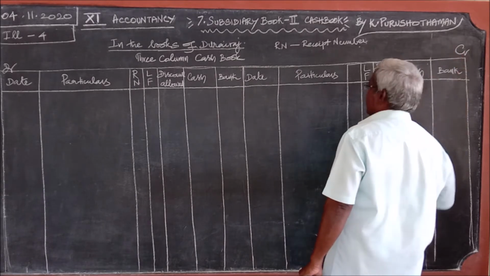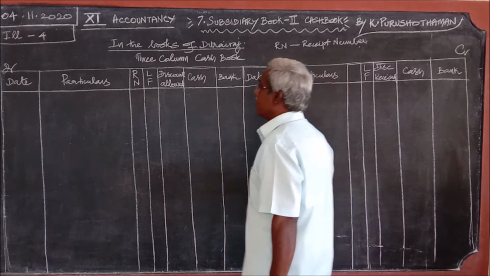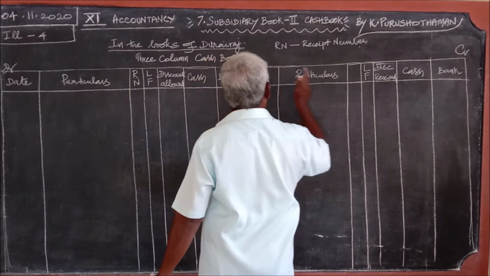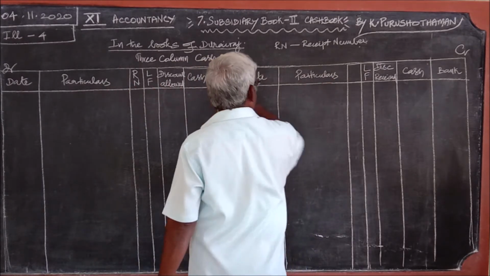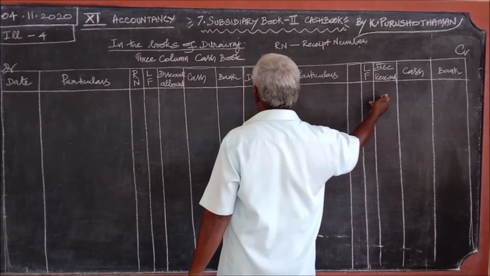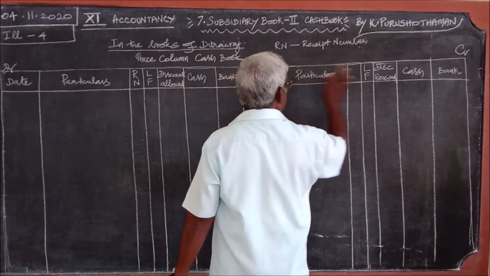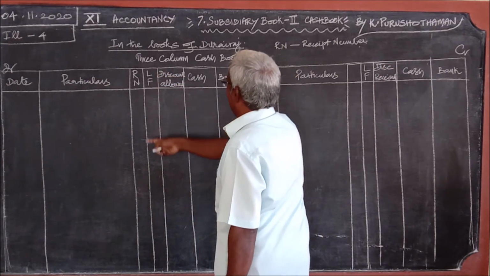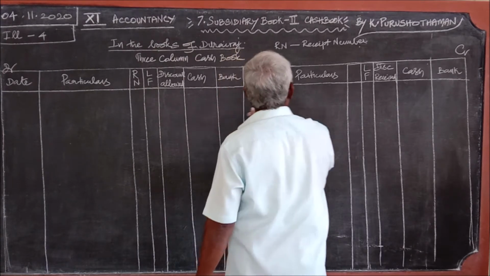This is credit side. See the columns, date, same date, particulars, ledger folio. Here discount allowed, here discount received, cash, bank. There we are receiving the cash, therefore receipt number.